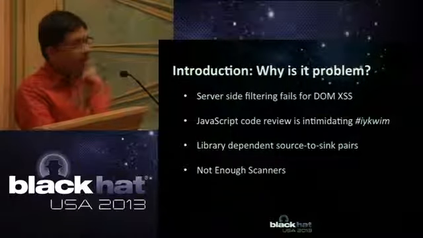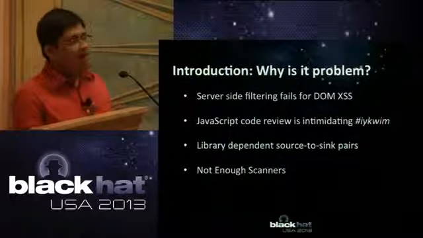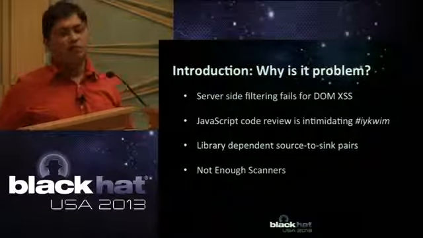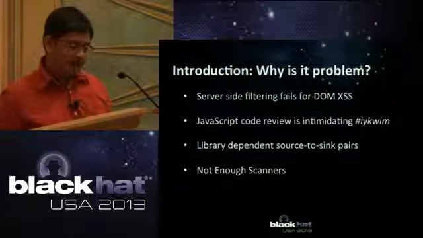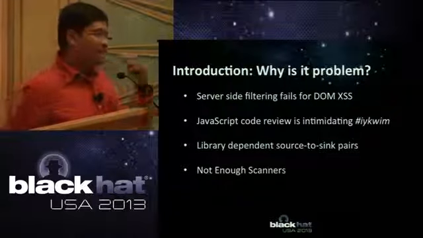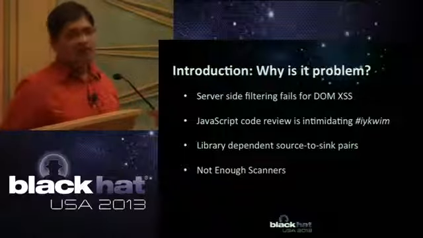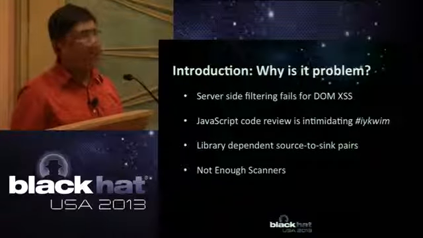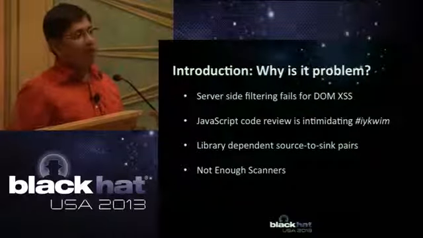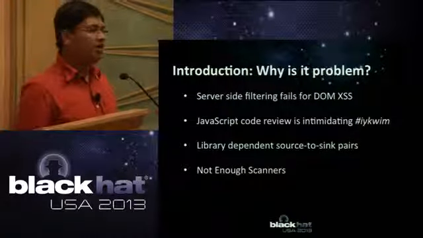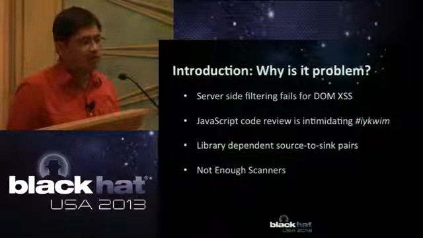The reason I ask this question is because there are so many libraries available, and when we scan JavaScript source code for source and sink pairs, there are libraries like jQuery and YUI, which have library-dependent sources and sinks as compared to pure JavaScript programs.